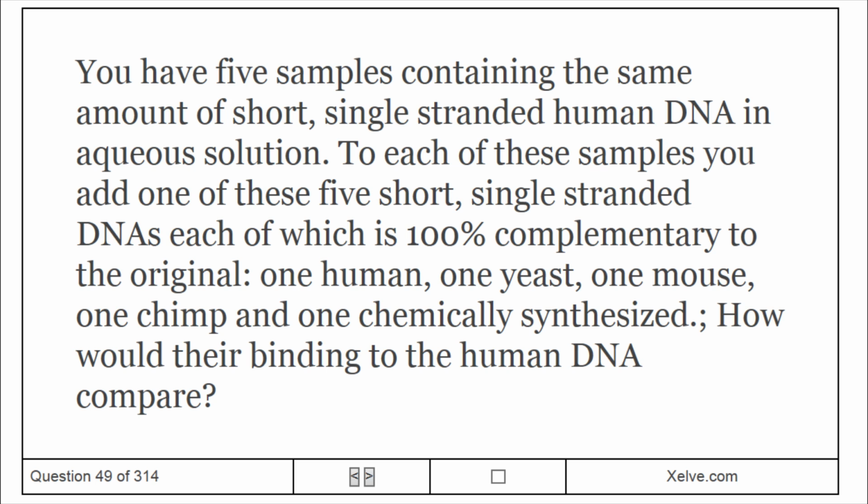You have 5 samples containing the same amount of short, single-stranded human DNA in aqueous solution. To each of these samples you add one of these 5 short, single-stranded DNAs, each of which is 100% complementary to the original. 1 human, 1 yeast, 1 mouse, 1 chimp and 1 chemically synthesized.